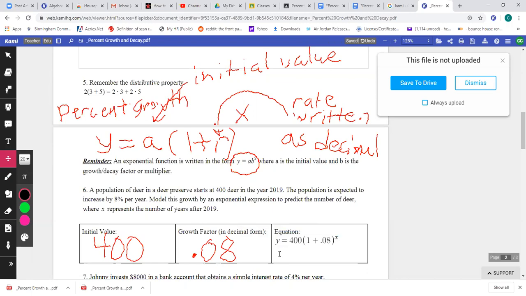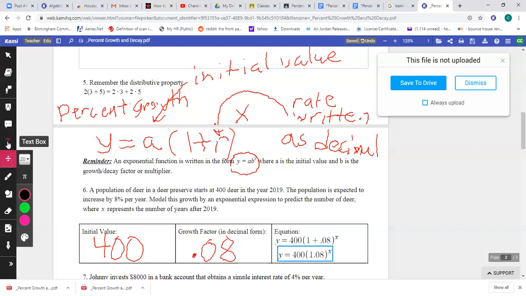Okay, now we're not done with the equation. It's not simplified. So it's going to be y is equal to 400 times 1.08 to the x, because all I did here is add the 1 plus the 0.08. Okay? And that's my equation to represent this scenario.